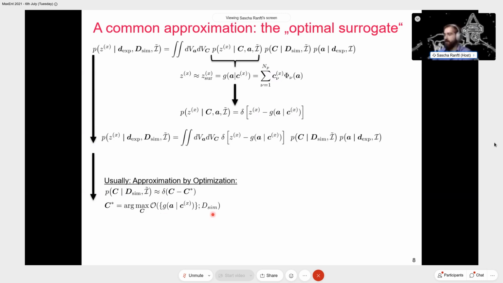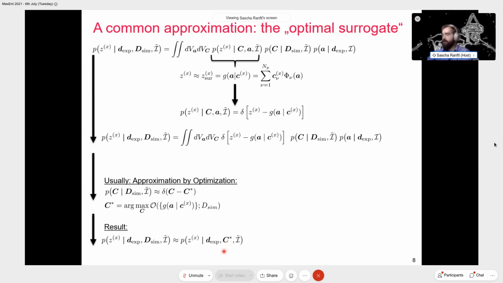I'm not specifying that any further here because there's no need to. So let's assume we can approximate this term here with this delta here. Then we can plug that in and we find an easy result. I have done the marginalization with respect to A too now, but we find that our probability for the simulation output set is approximately the probability density function for the sets as yielded by the optimal surrogate coefficients C star.